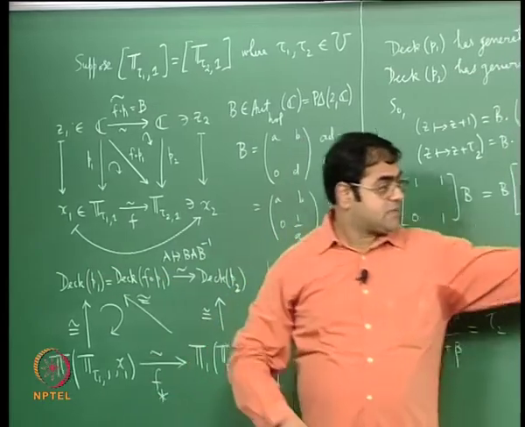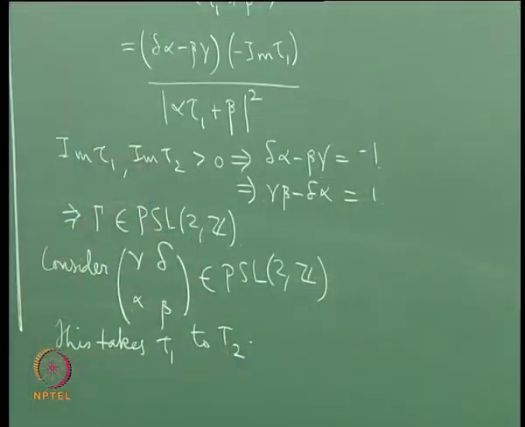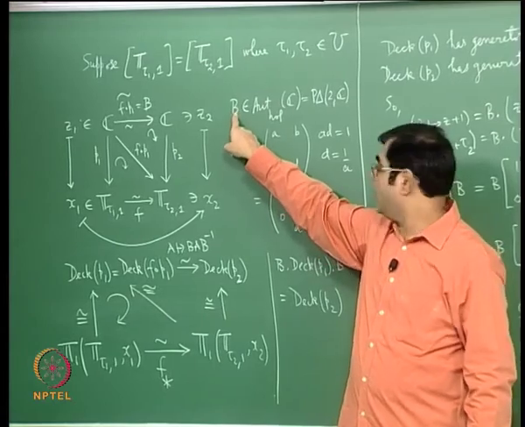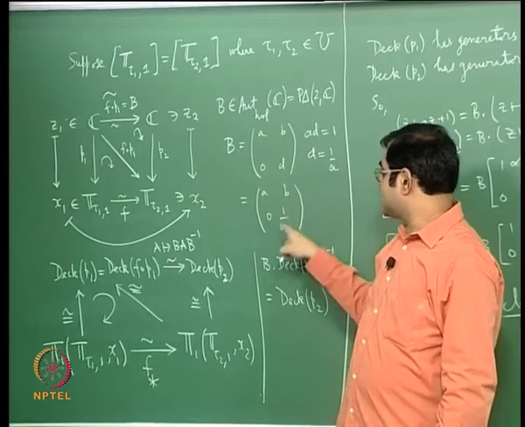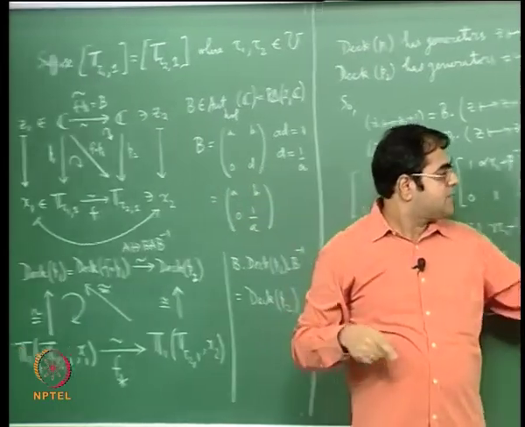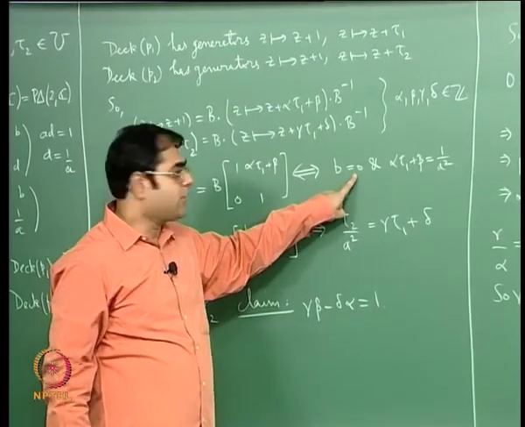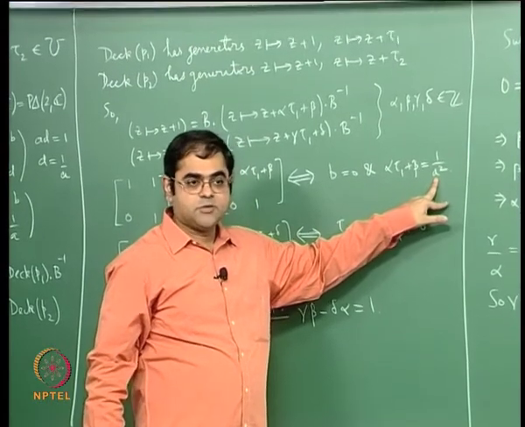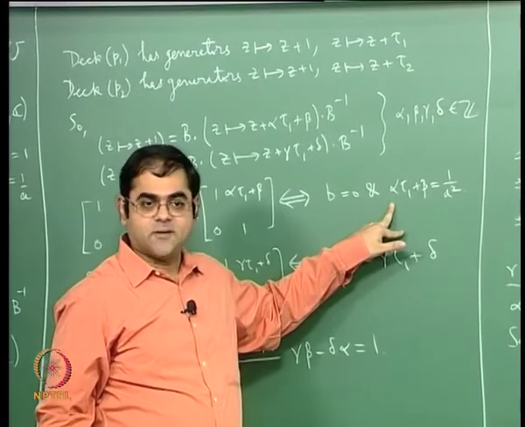Because I am given gamma, first I can cook up this B, which is given by these coefficients. How do I get these coefficients? If you go back here, I set small b equal to 0, and I set A to be a square root of 1 by alpha tau 1 plus beta.